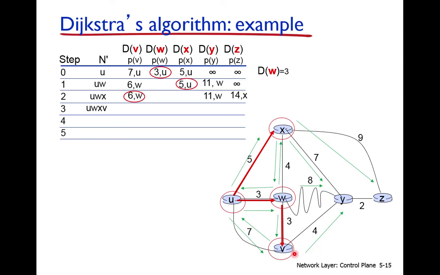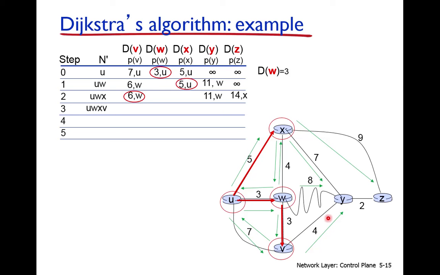We can see that y is not in the visited list, that is, the shortest path for y is not computed yet. If we consider this link, the shortest distance up to v is 6, 3 plus 3, 6. 6 plus 4, 10.